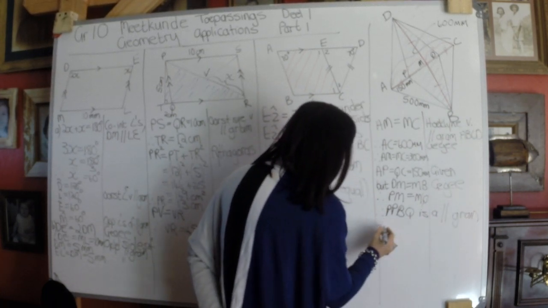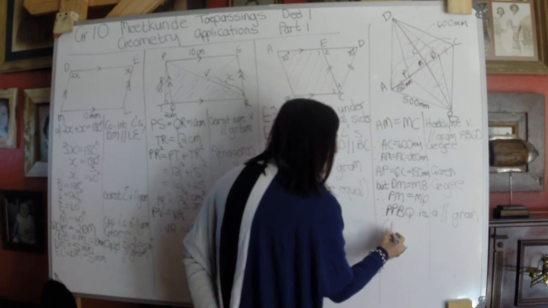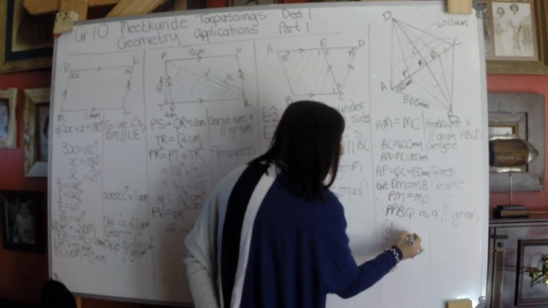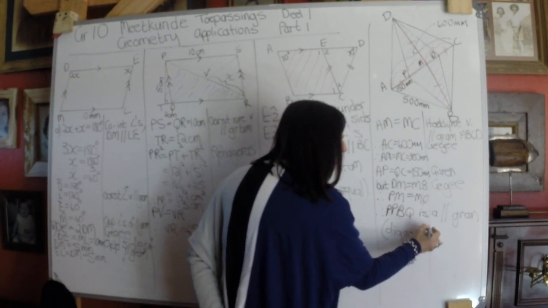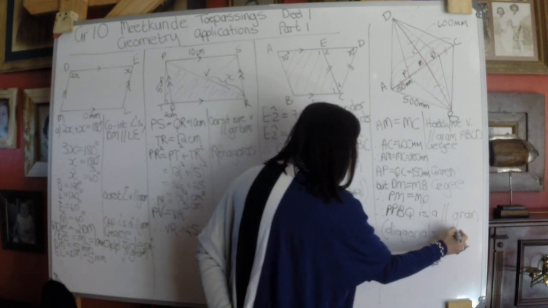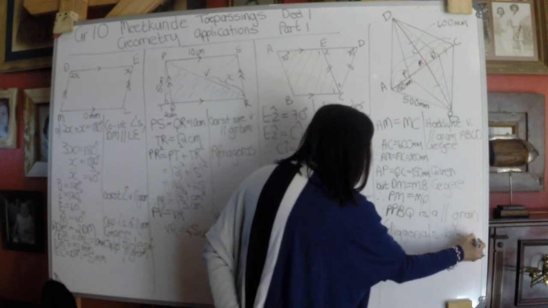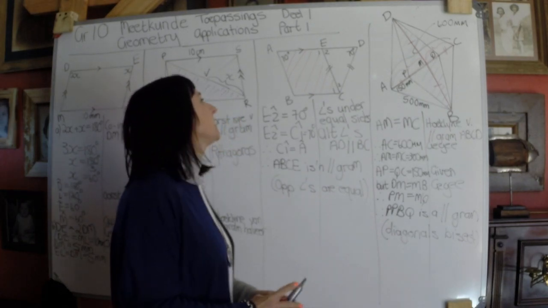Hoekom? The reason is diagonals bisect. Hoeklyne halveer mekaar. Ons gaan kyk weer daar.